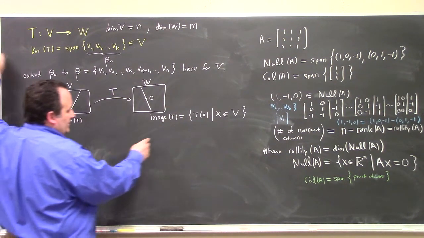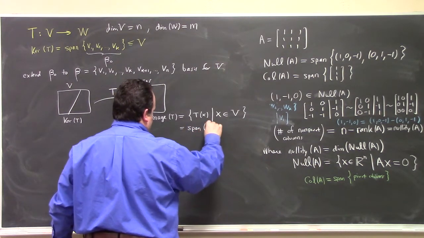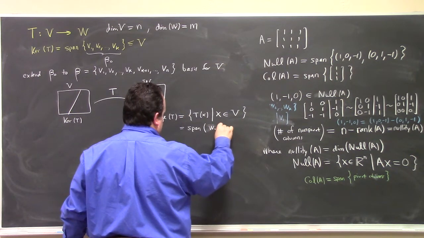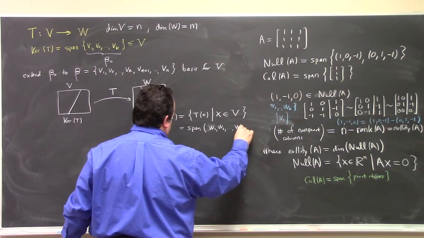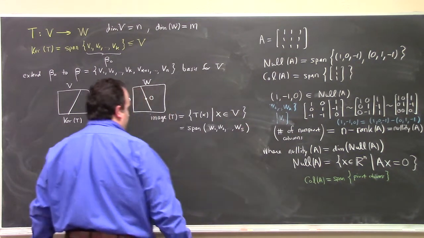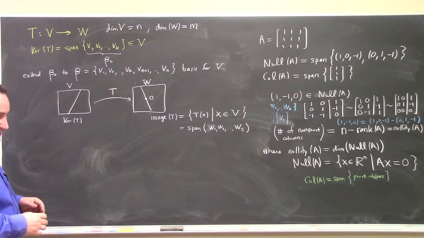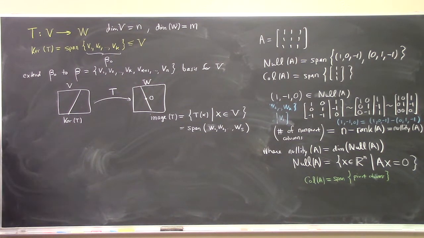This has to be the span of some gamma. Let's call it the span of W1, W2, whatever, however many things are here. Let's call it S. Suppose that's a basis. Those can't be formed from the image of the kernel, right? Because those just go to 0.